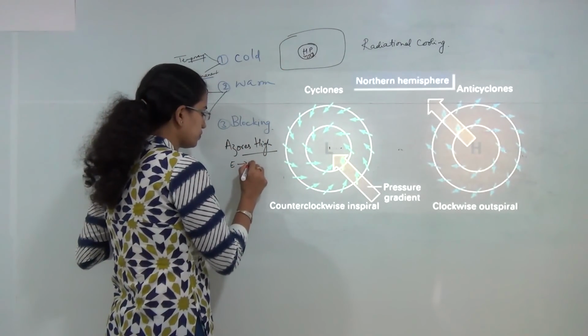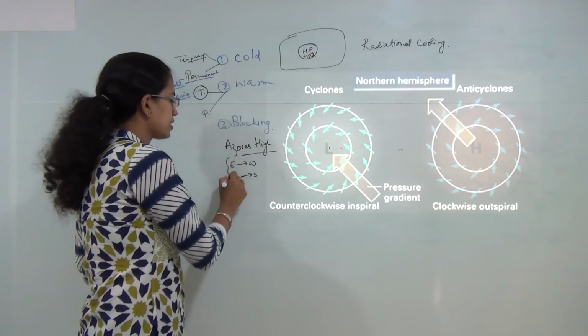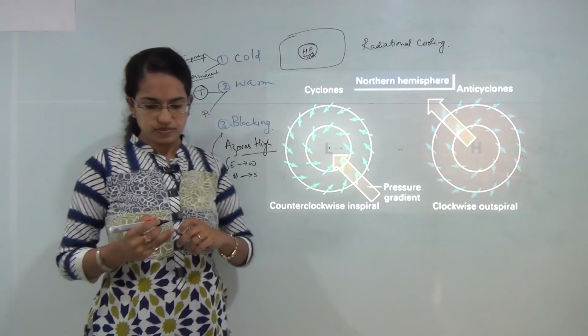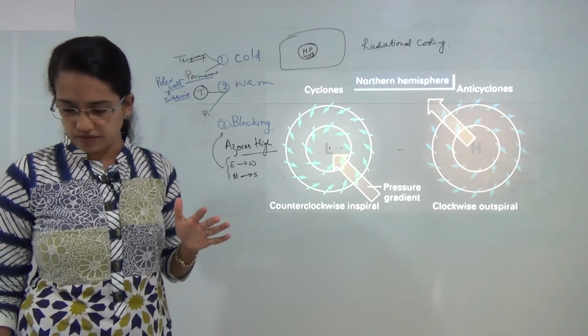So you have east to west and north to south. These two are the cases which are affected by the blocking anticyclonic conditions. And finally, this would lead to exceptional weather conditions.